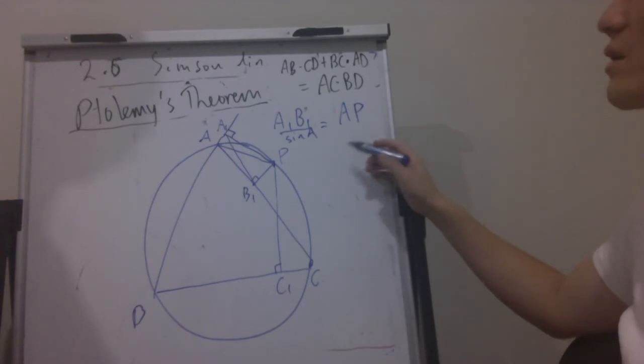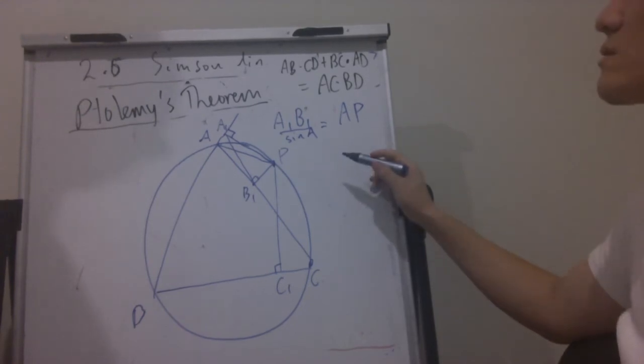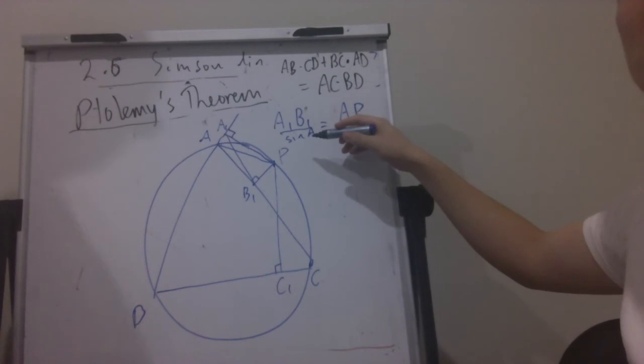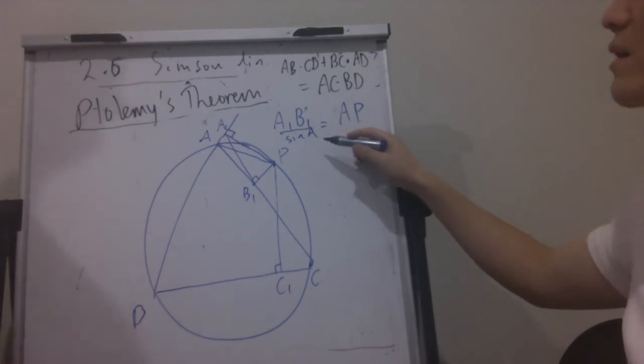Because the sine rule says it's equal to the diameter of the circumcircle. That's the extended sine rule.